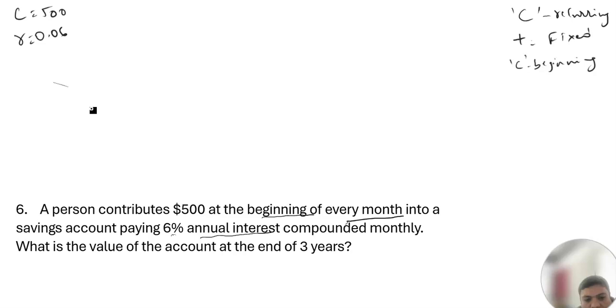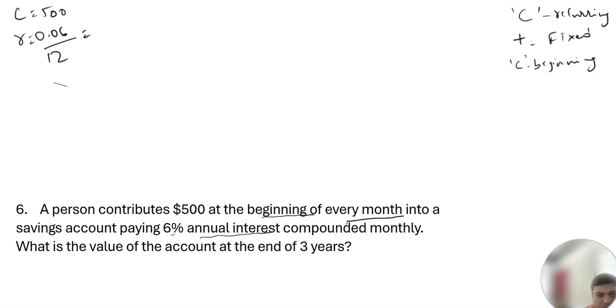It very clearly says 6% annual interest compounded monthly. Which means the annual interest is 6%, but it's compounded monthly.